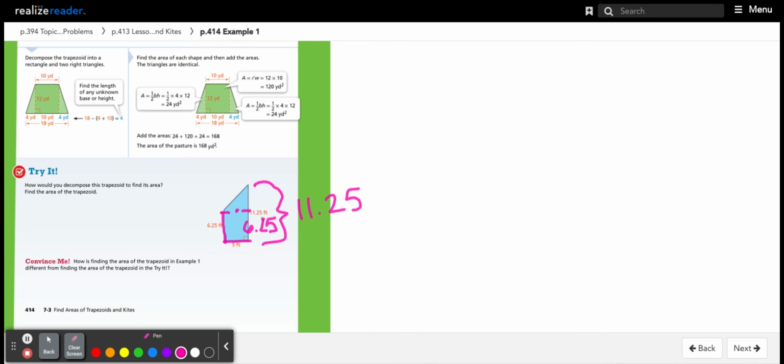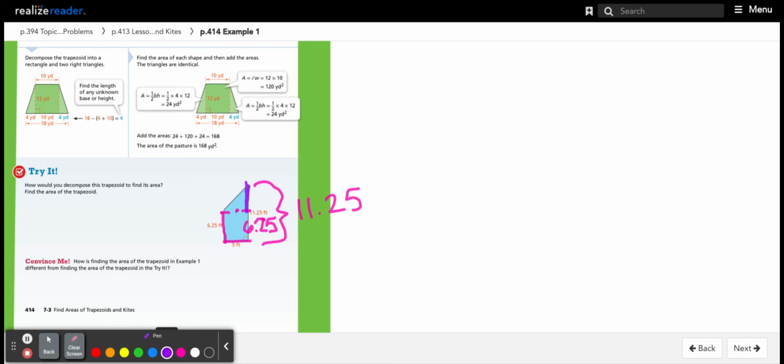So can I find the missing side, the height of the triangle? I have a total length and I have a part. Well, I can subtract my total length, the 11.25, minus 6.25, and then I can find this missing height right here.